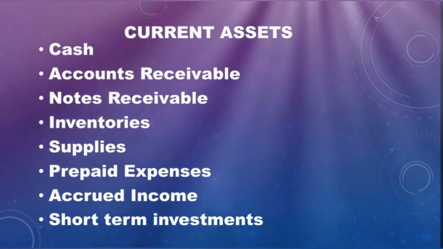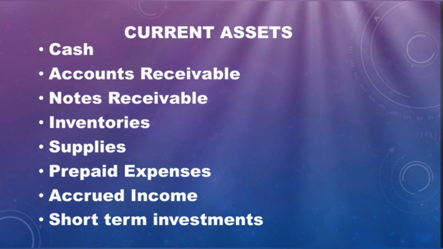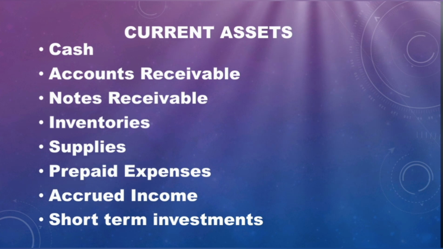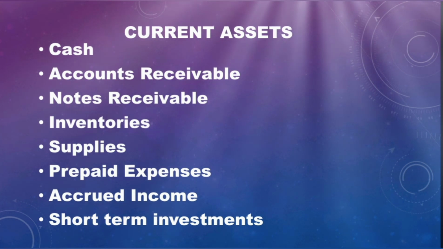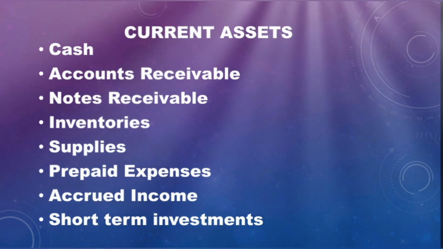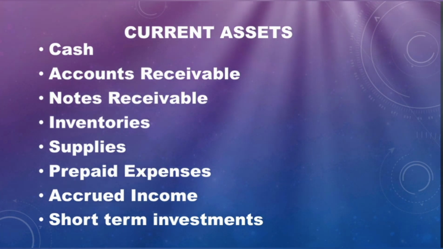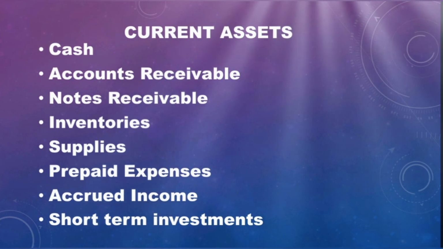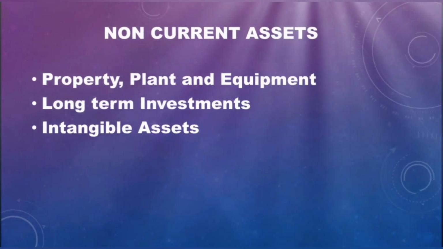Next, we have accrued income, which is revenue earned but not yet collected. Then the last one, short-term investments, are investments made by the company that are intended to be sold immediately. So those accounts belong to current assets.